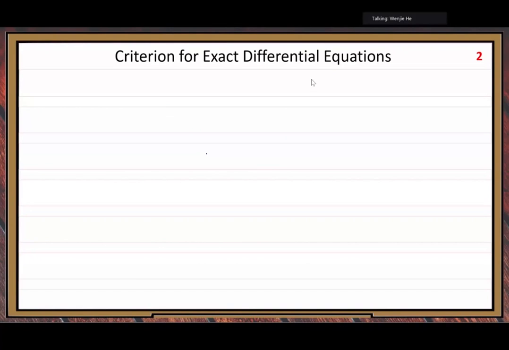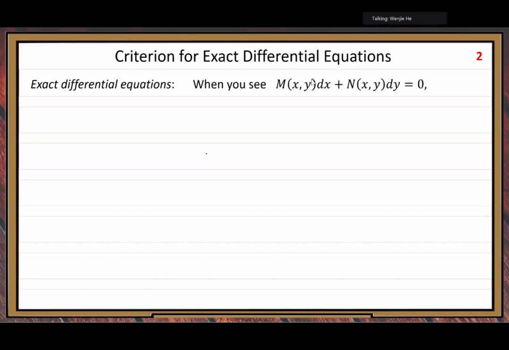Criterion for exact differential equations. When you see this form, we write our ODE in this special form. Sometimes we like to write it this way.